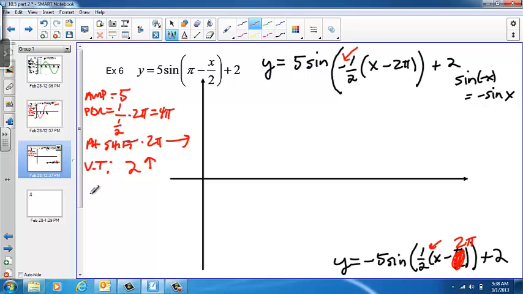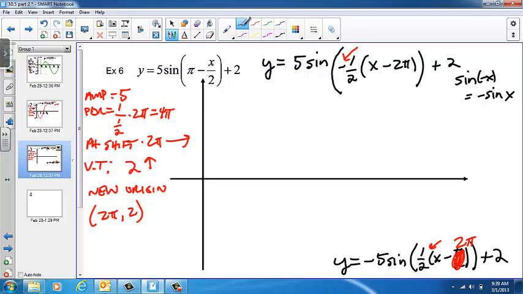So the new origin is the way I like to think of it. If you're going to shift 2 pi to the right and 2 up, your new origin is going to be at 2 pi, comma, 2. Okay, so let me label this graph here. So if we're going to start, and I'm going to try to do this to scale, but you know, we do our best.